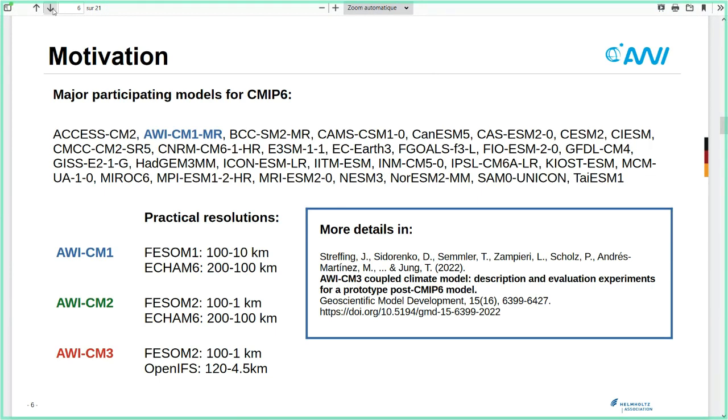And now we have models where we can have similar resolutions on the ocean and atmosphere side, and we can hopefully really play out our resolution advantage compared to some other models out there. And this was recently described in Geoscientific Model Development.